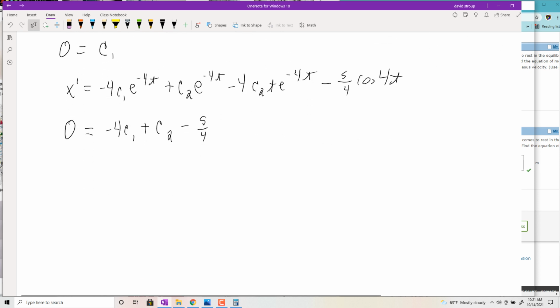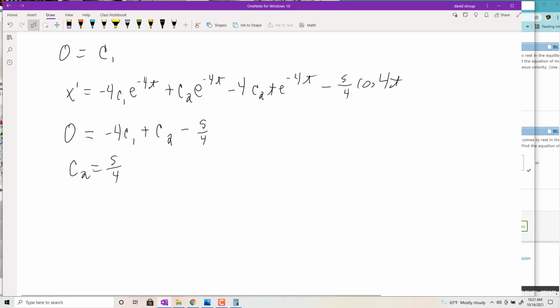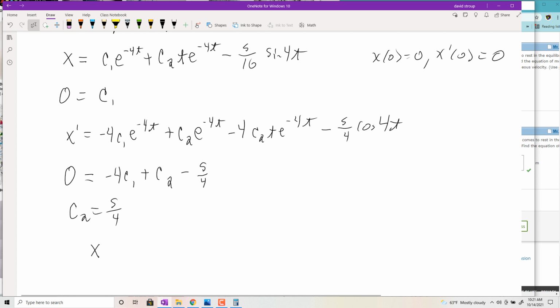So C1 is already 0, so C2 must be equal to 5/4. And finally, I'll have my equation of motion. So x is C1, which is 0, plus C2, which is 5/4 t e to the negative 4t, and then minus 5/16 sine of 4t.